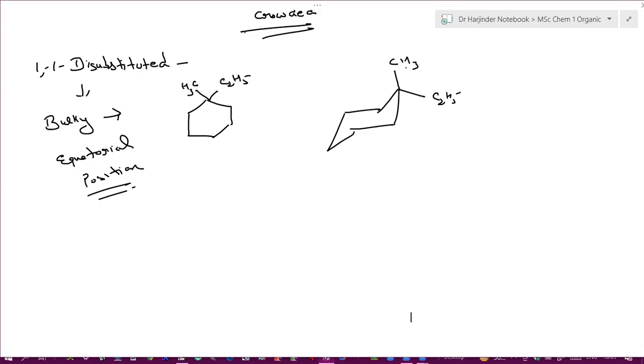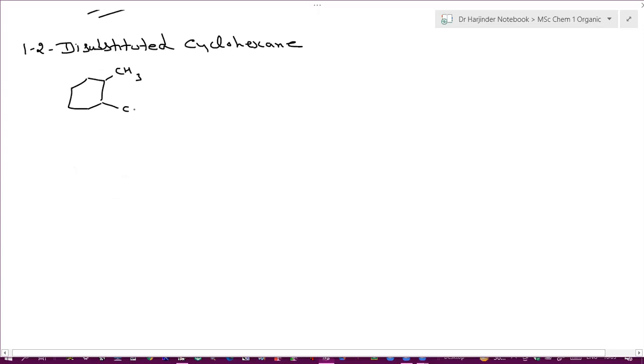And let us see the case of 1,2 disubstituted cyclohexanes. Now 1,2 disubstituted means you have a substitution at the 1 and 2 positions. For example, say you have 1,2 dimethyl cyclohexane.